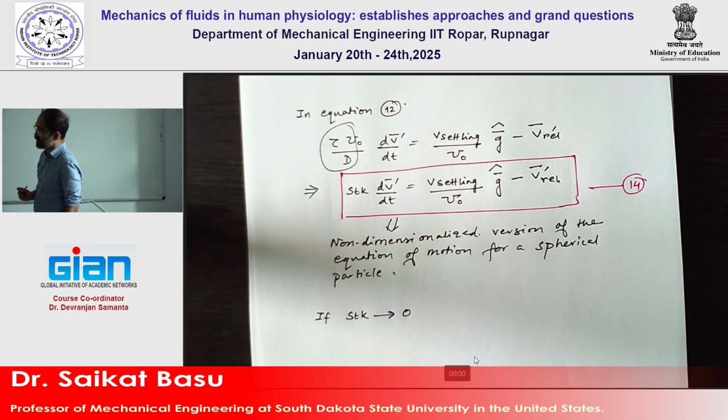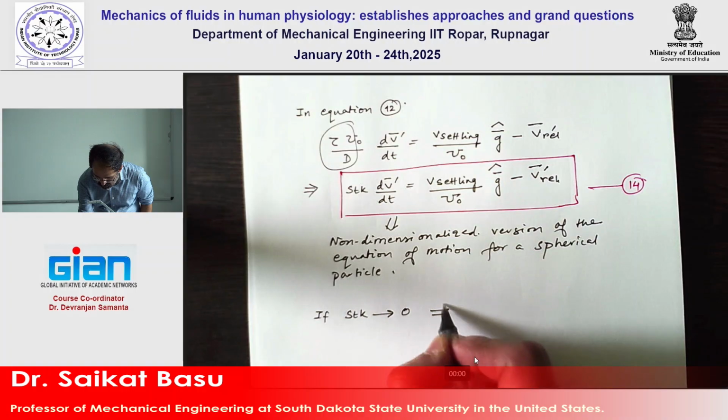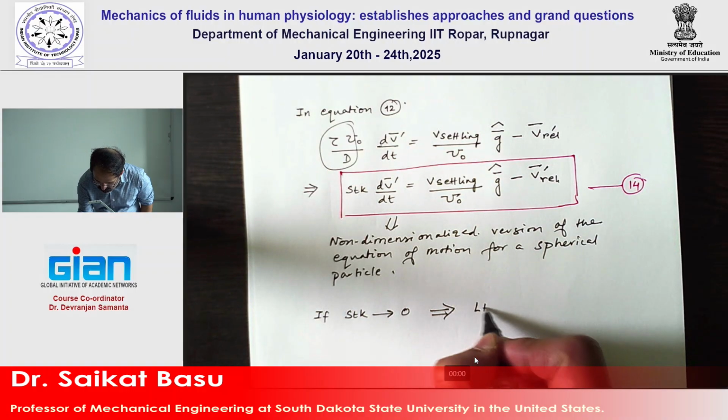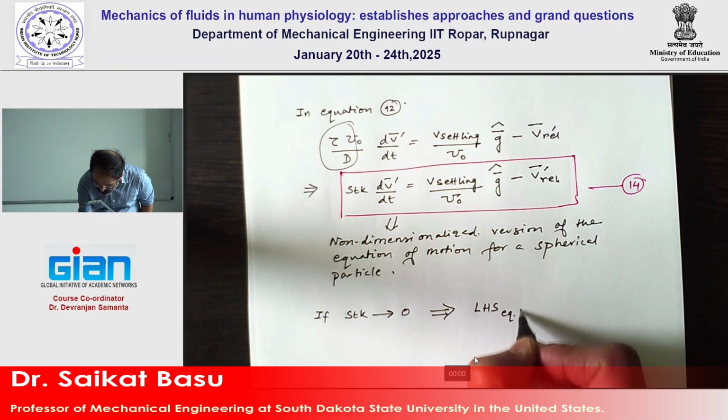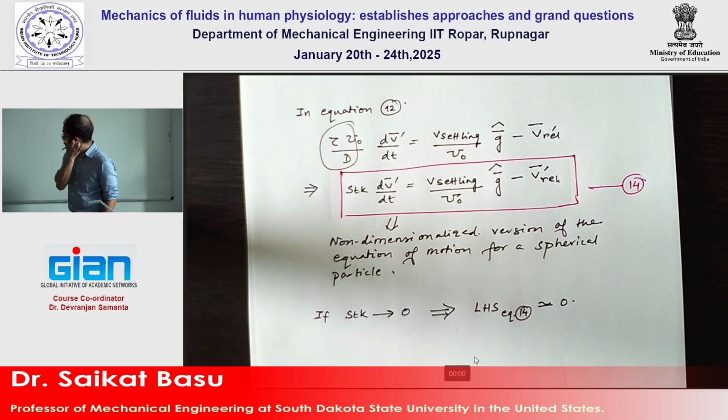So if it is approaching 0, you have the left hand side 0, that's fine. So if STK is approaching 0, the left hand side in equation 14 is 0 as well. But what happens to the right hand side terms?